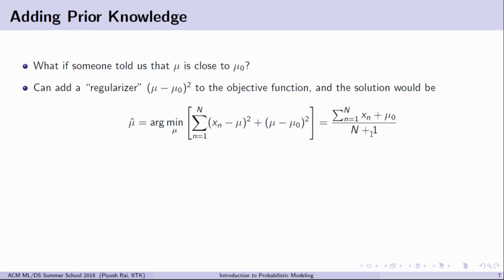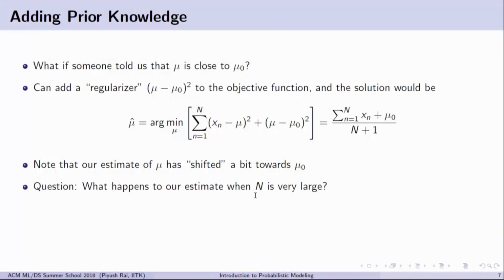So if we incorporate this prior knowledge that mu is close to mu0, then our solution becomes this. As you can see, our estimate of mu, the mean, has shifted towards mu0 because we are adding a contribution mu0 and then dividing by n plus 1 rather than n. So our estimate is shifting towards the prior knowledge we had.